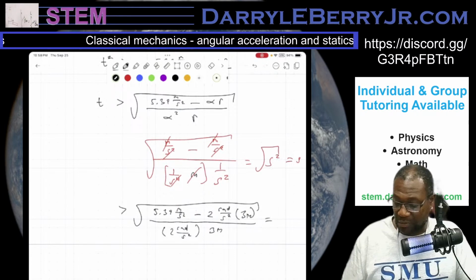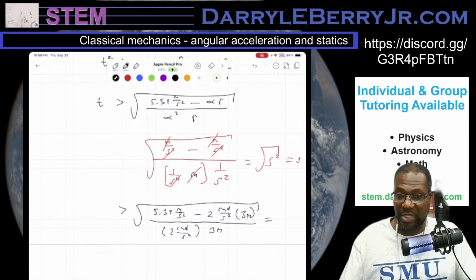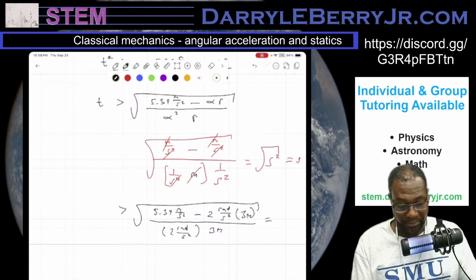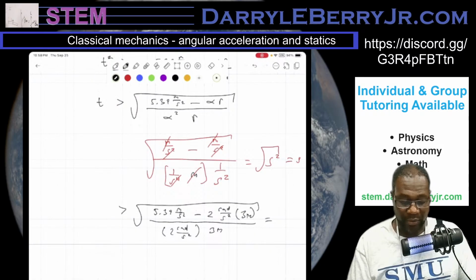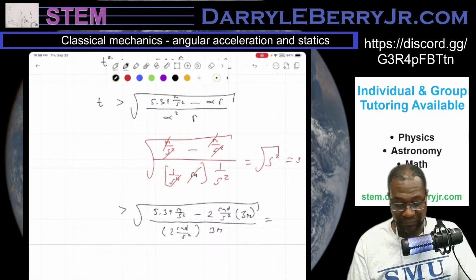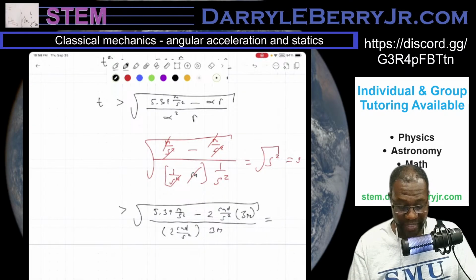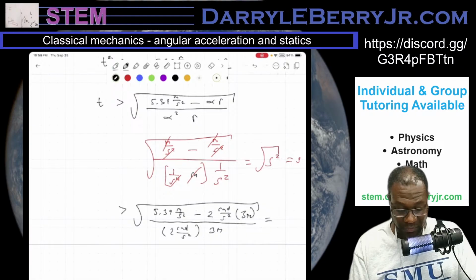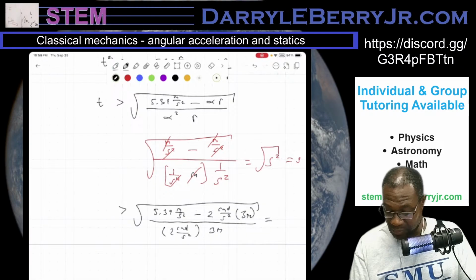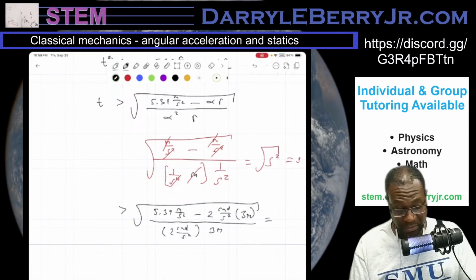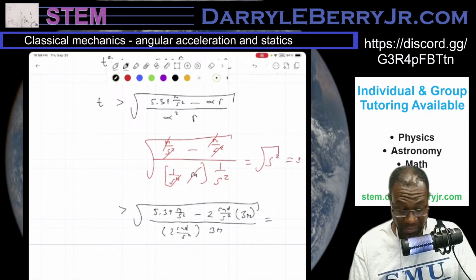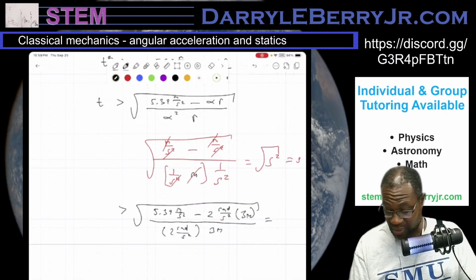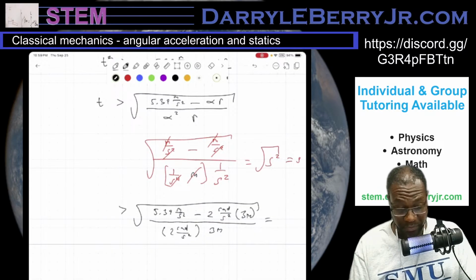So let's see how long this thing has to accelerate before that block will break off or fly away, move, given the coefficient of static friction and the rate of acceleration. We'll have 5.39 minus 2 times 3 divided by 2 times 3.